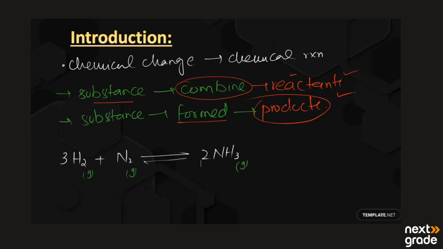Hydrogen and nitrogen combine, so these substances are known as reactants. After the combination of these two gases, we gain ammonia, so ammonia is the product.